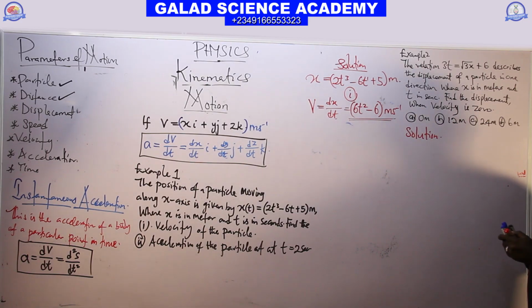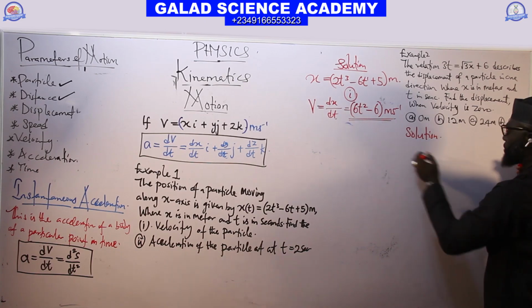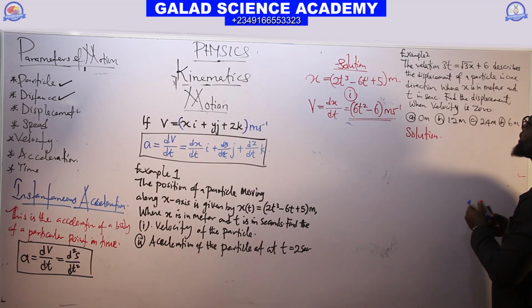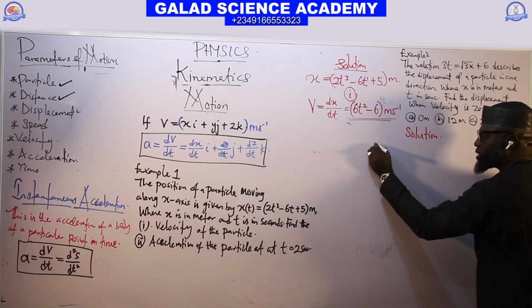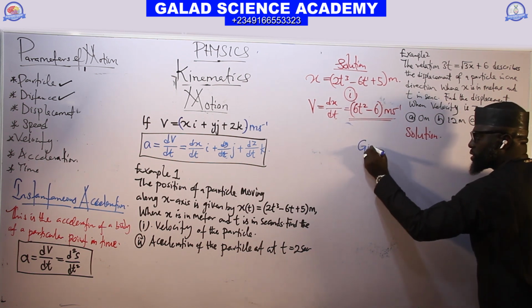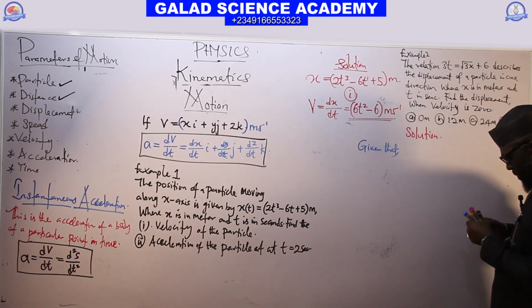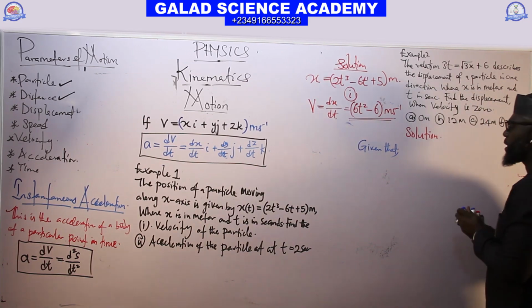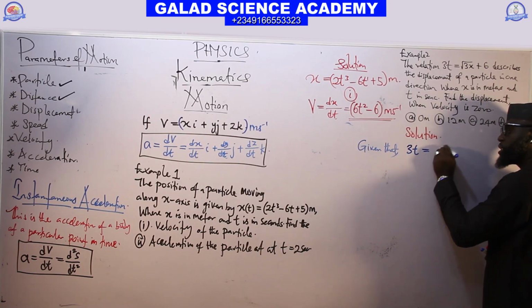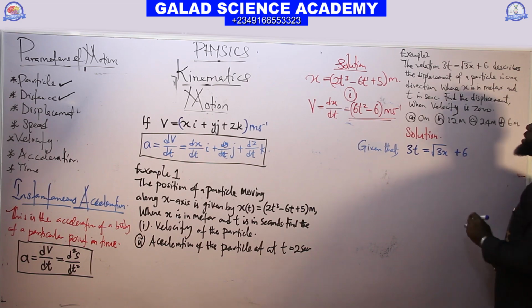This question is not straightforward, but let us look at it. We are given that 3t is equal to the square root of 3x plus 6.